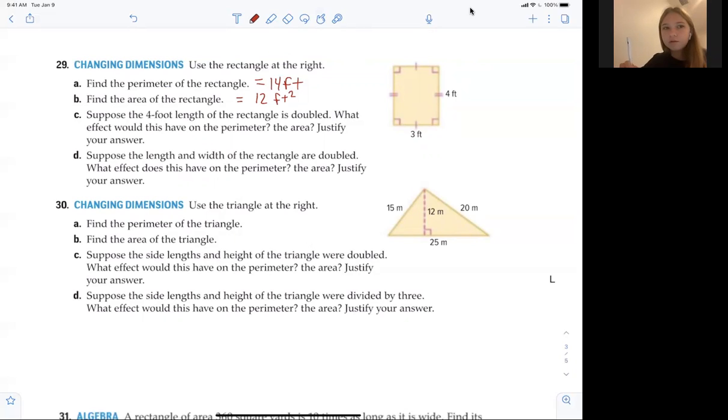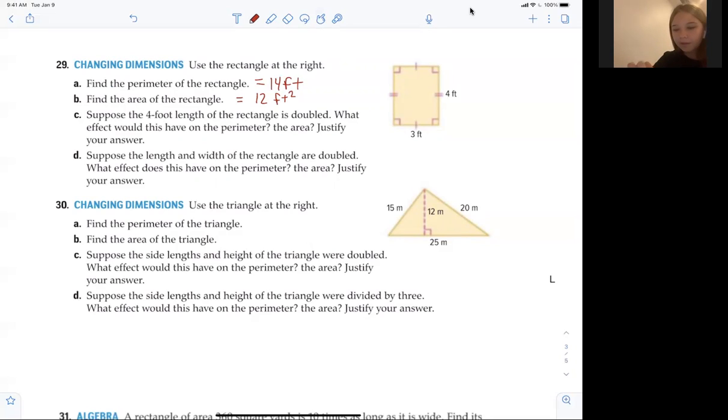Perimeter is you add up the sides, or you know a formula. The area of a rectangle, remember, anytime you're measuring area, you're measuring with squares, okay?